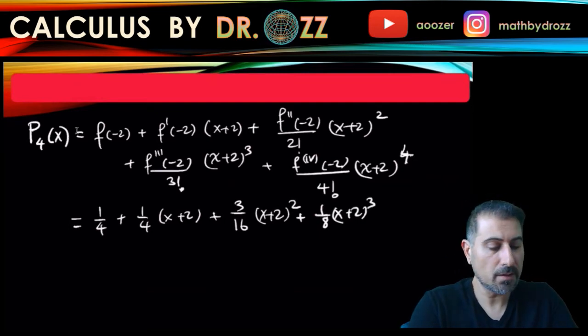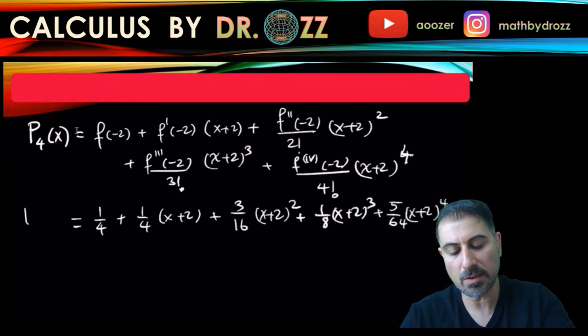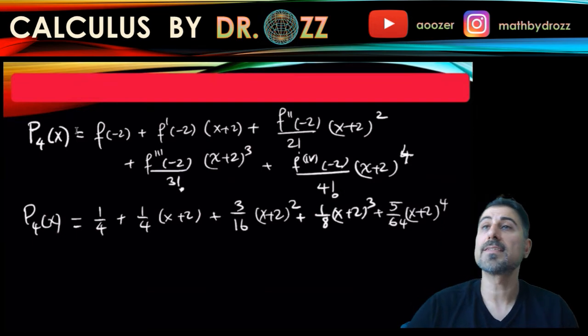And then finally, check this by yourself, 5/64, (x plus 2) to the fourth. So this is P4 of x.